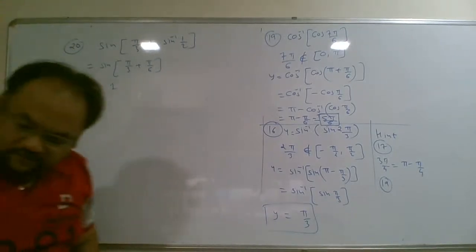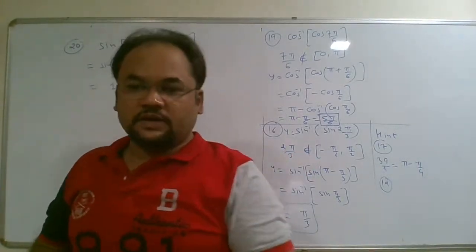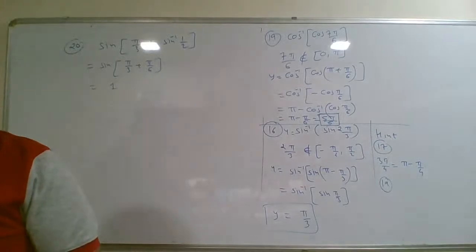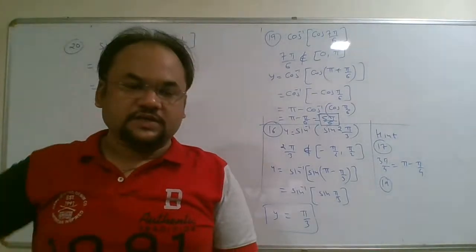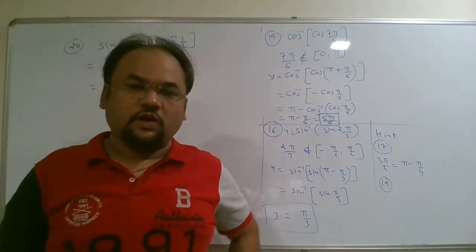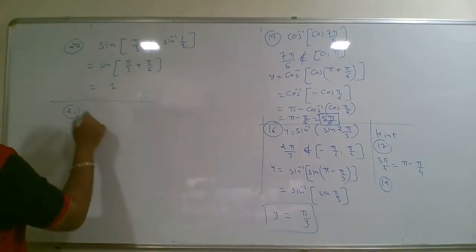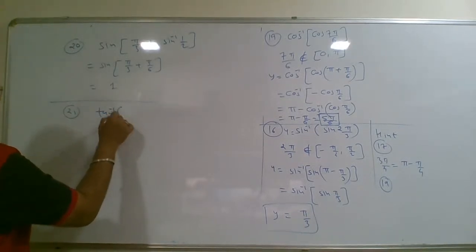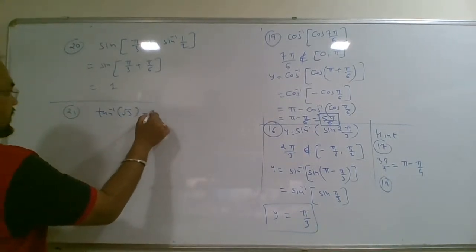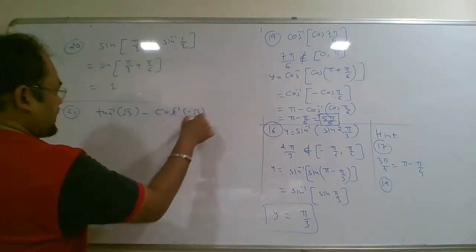And last, 21. Tan inverse root 3. What is the value of tan inverse root 3? It is 60 degree, so pi by 3, and minus of cot inverse minus root 3. So tan inverse root 3 minus of cot inverse minus root 3.